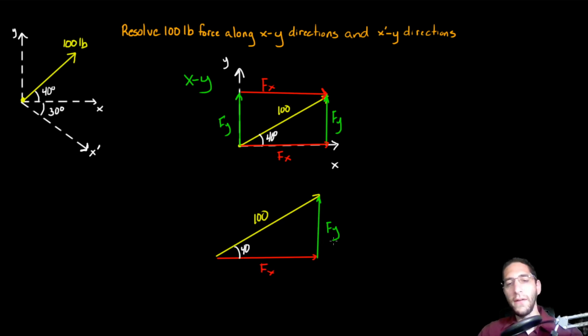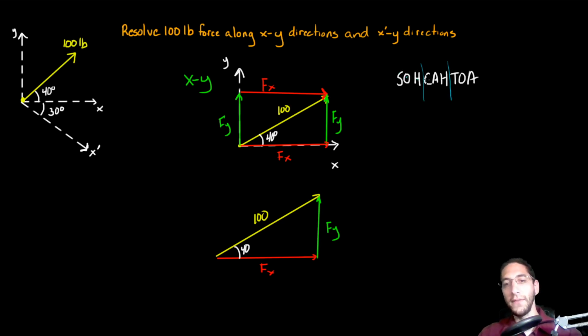I need to solve this triangle, and because it's a right triangle, I can use SOHCAHTOA. Now remember, you can only use SOHCAHTOA if it's a right triangle. You can't use it for any other case. It will not work. Now, how do you use SOHCAHTOA? Well, we break it up in groups of 3. The sine is the opposite over the hypotenuse.